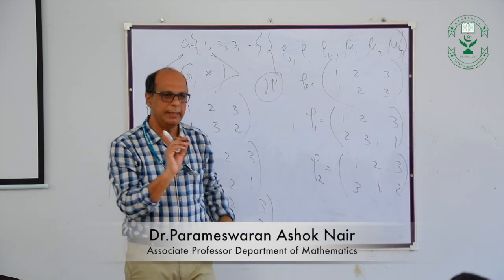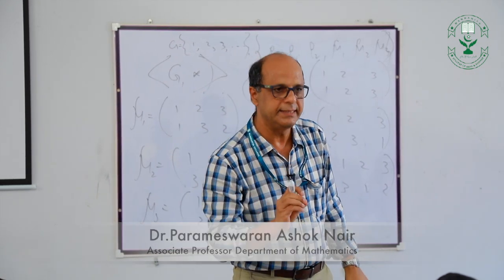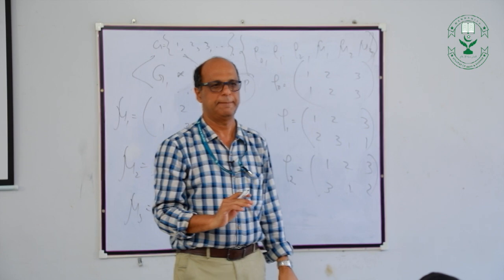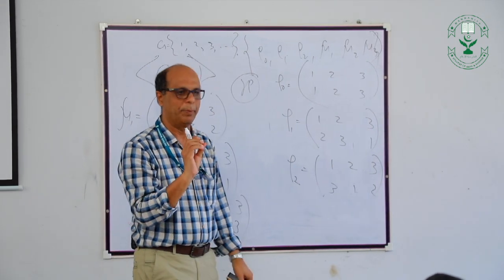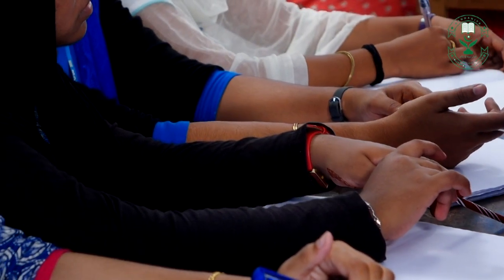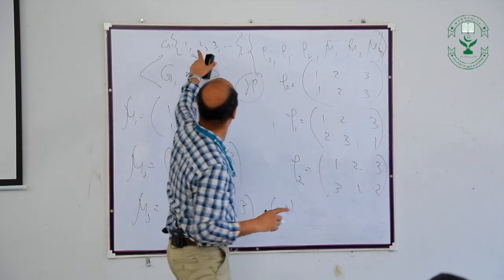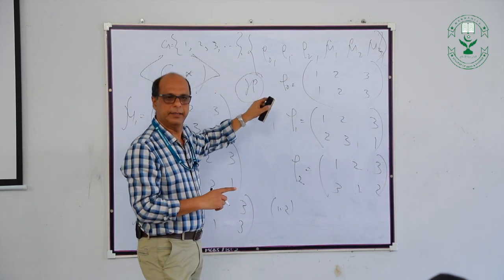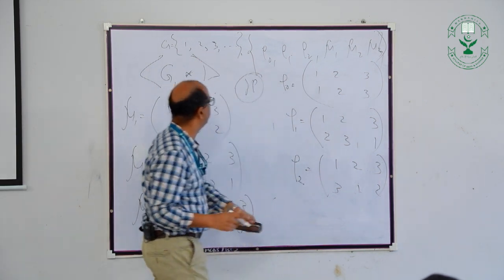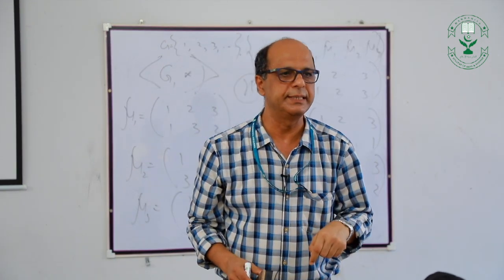So we take two elements from the set and apply the operation, and the resultant element should be in that same set. Then we call it a binary operation. If you take 1 and 2 and multiply, you get 2, which is in the set. So a binary operation means if you take two elements from the set and apply the operation, the resultant element should be in the same set. That is what we call a binary operation.